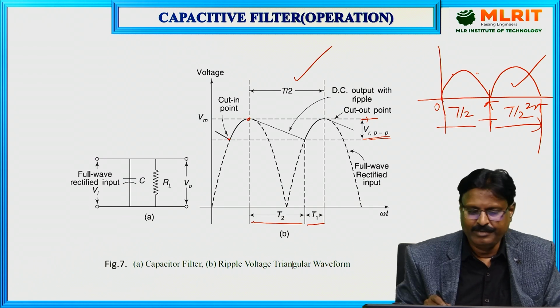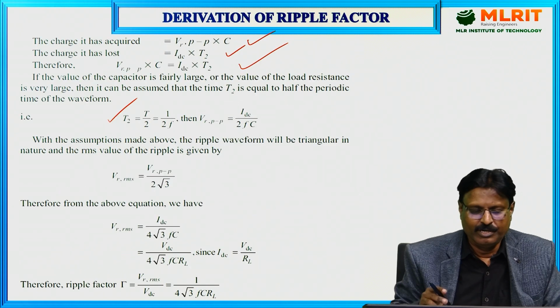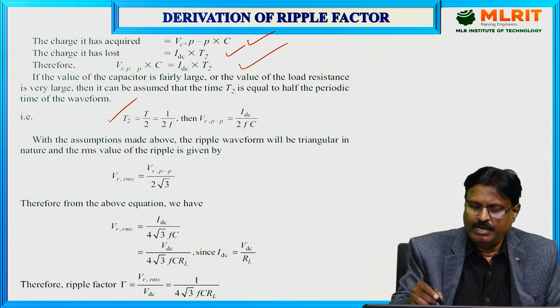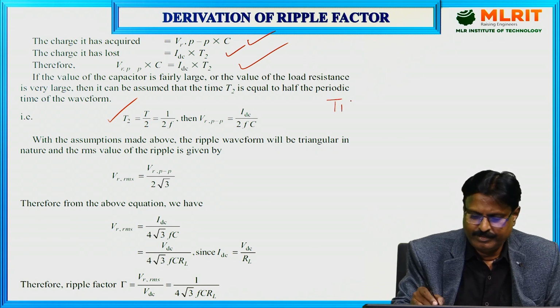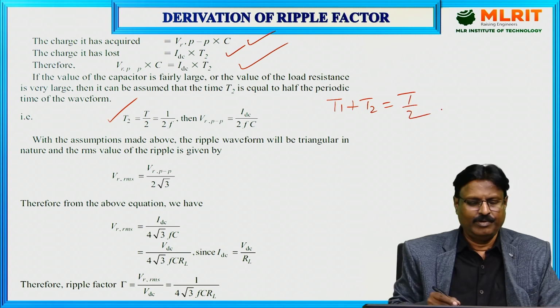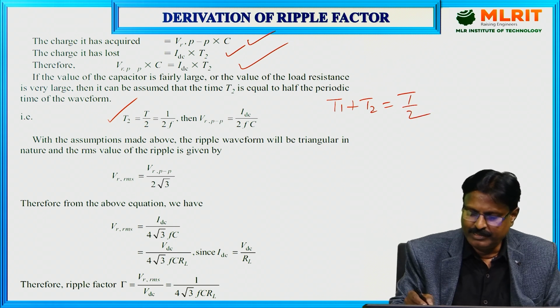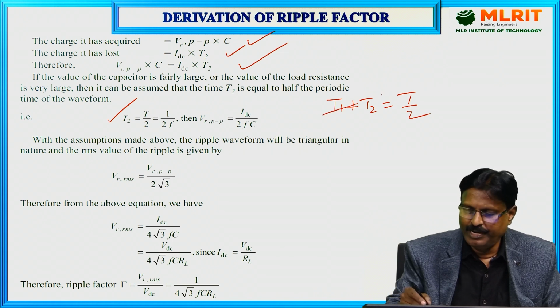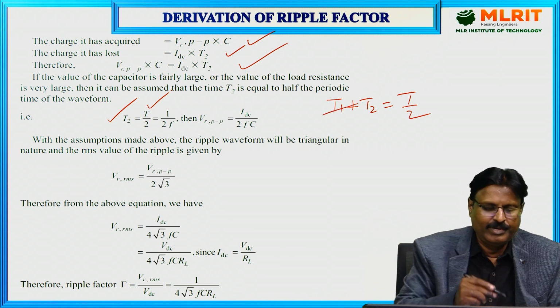So you know the relation that T1 plus T2 is equal to T by 2. When compared with T2, T1 can be ignored.